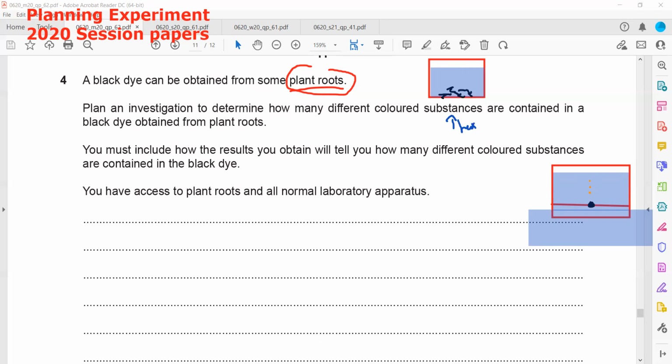So the steps: first we will crush using a mortar and pestle.